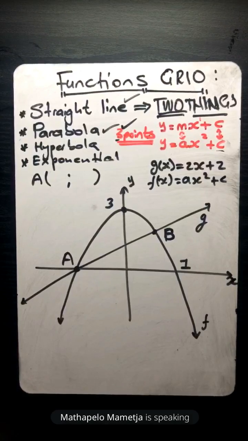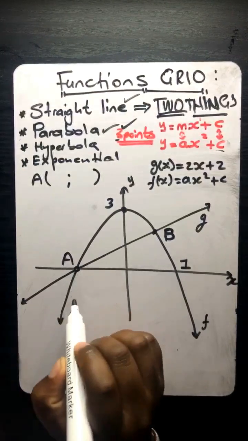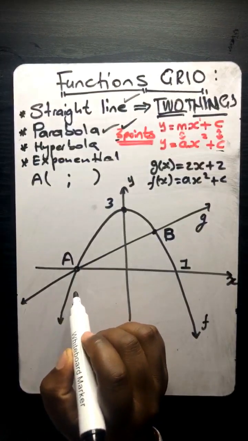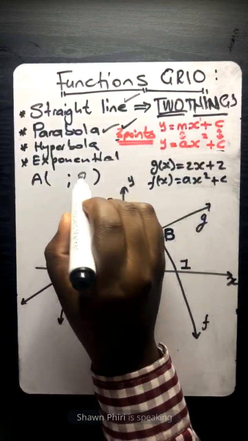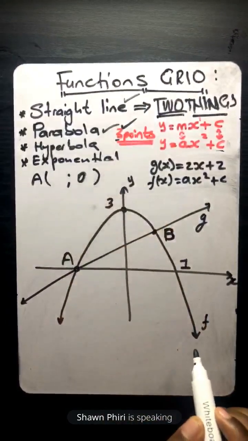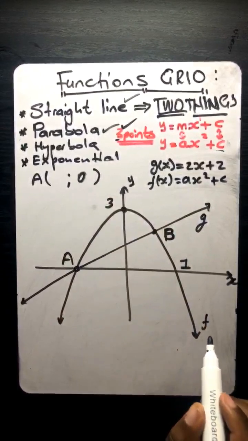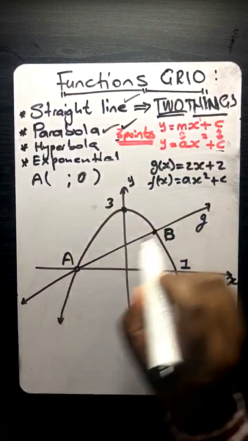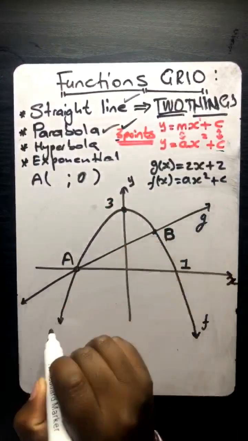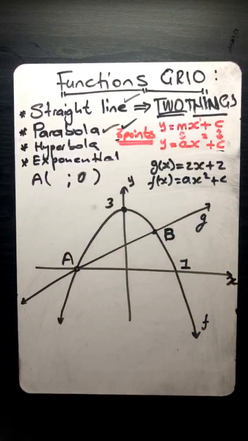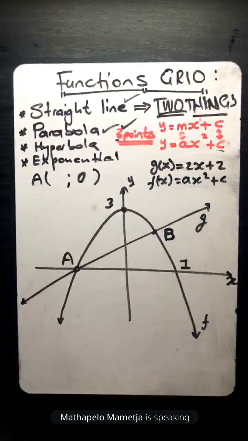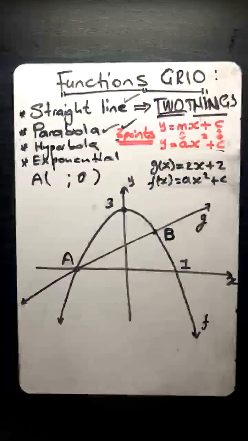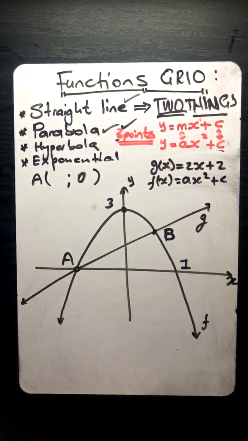So point A is the x-intercept. And the moment you say x-intercept, it automatically means y is 0. So that means point A, is it on the graph of G, or on the graph of F, or on both? On G. Is it on G, is it on F, or is it on both?